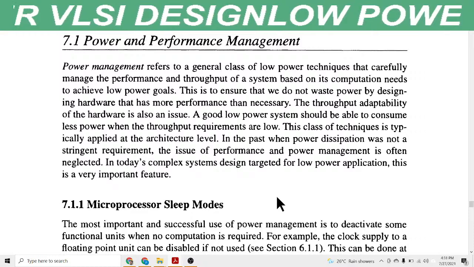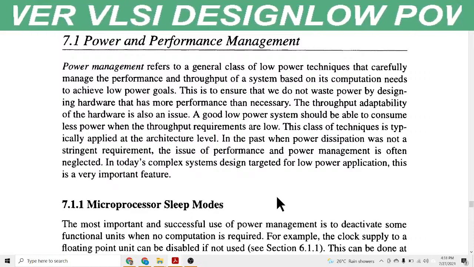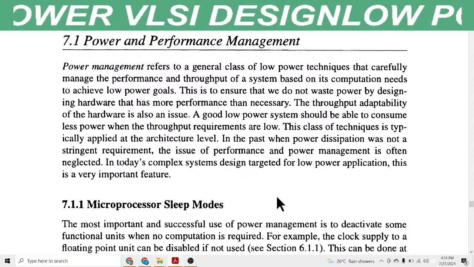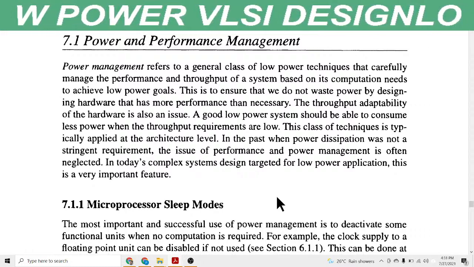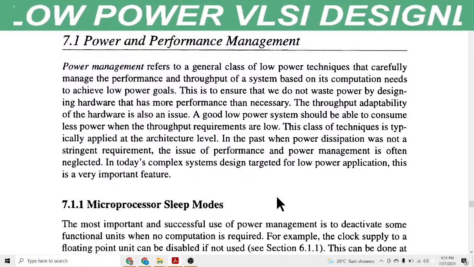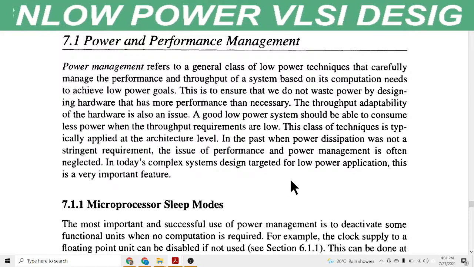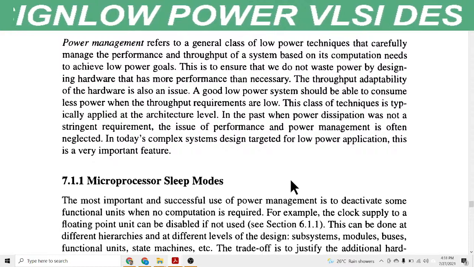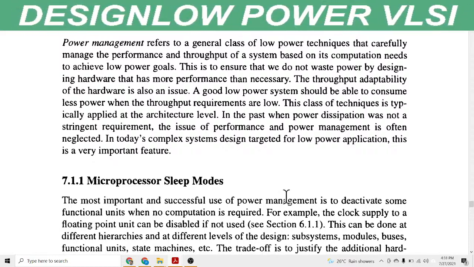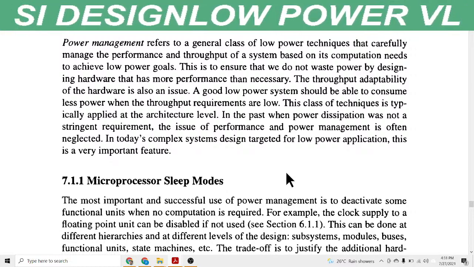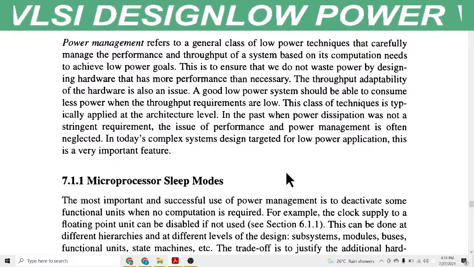In the past the designer did not focus on power management, but now power management is a very important side of design. So various power management modes are used in present circuits.